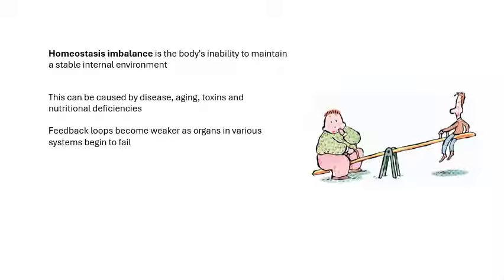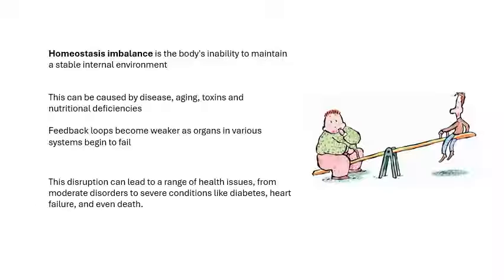Maybe organs fail as well, and that will mess up the system. So systems begin to fail as these feedback loops become weaker. Because of that, there could be a lot of health issues involved, from moderate disorders to severe conditions like diabetes. I'm going to talk about heart failure and even death.